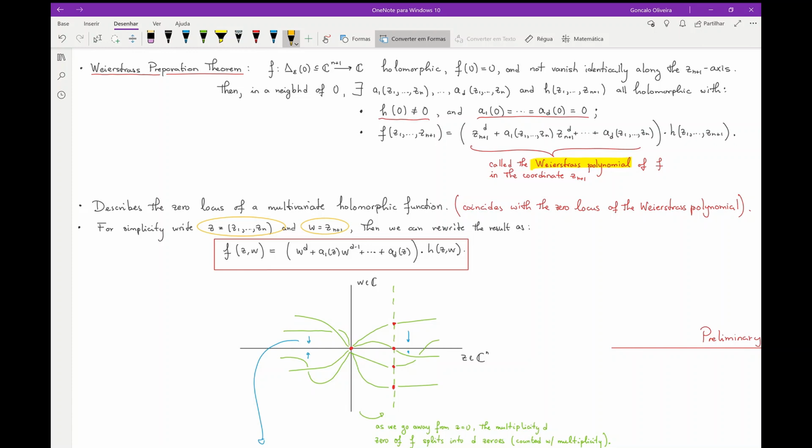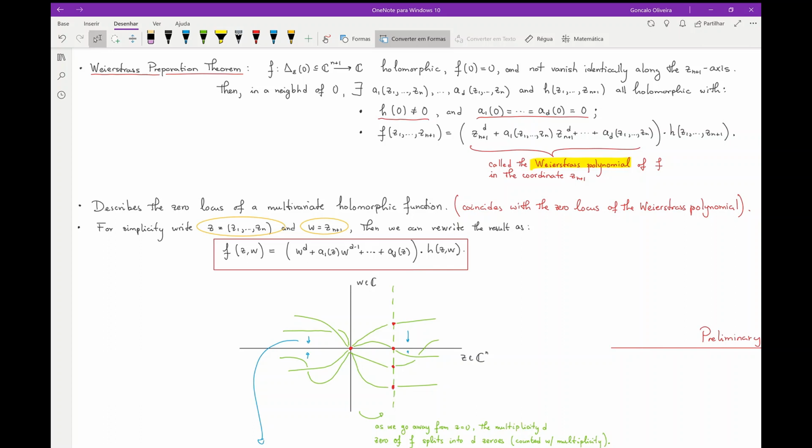Then we can write the final part of the statement as: f of (z, w) is a polynomial in w with coefficients holomorphic functions of z, times the function h, which does not vanish at the origin. Okay, so this is the statement. And now I want you to think of what this is saying.